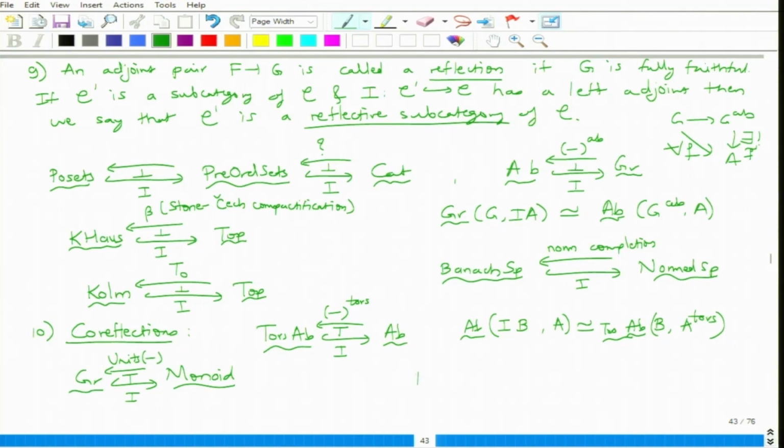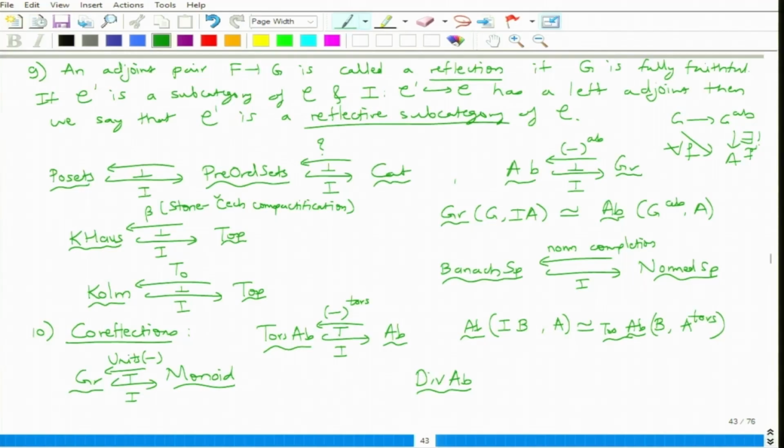Similarly, one more example, divisible abelian groups, if you know what they are, where every element is divisible, you can divide it by any positive number. So, for example, 2 is not divisible in the group of integers, because you can't divide 2 by 2, 3.